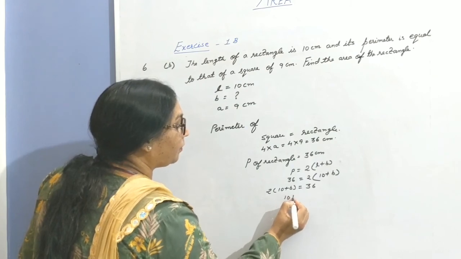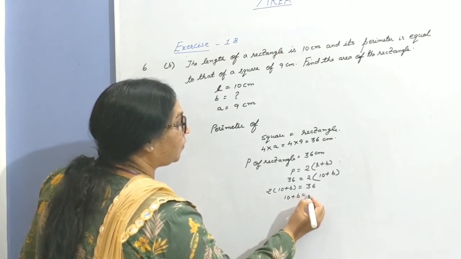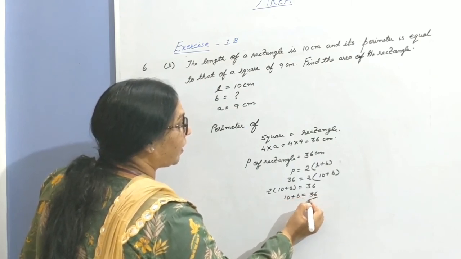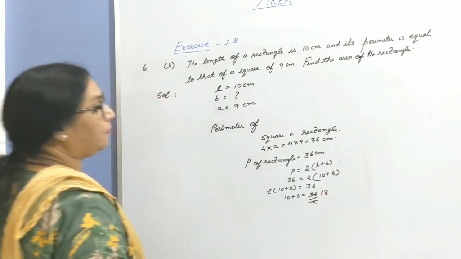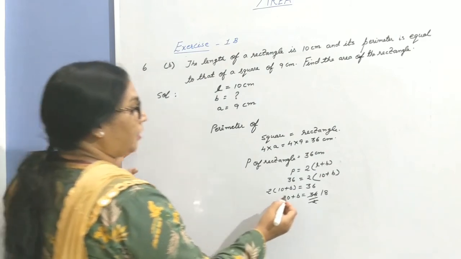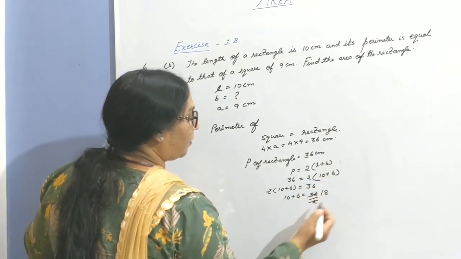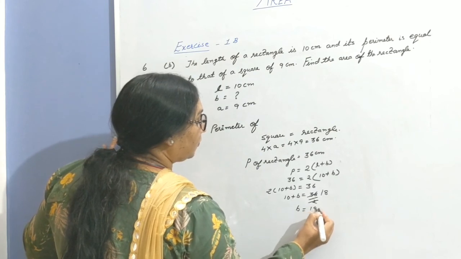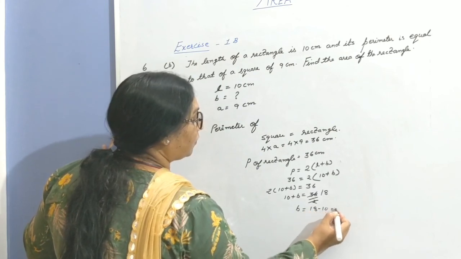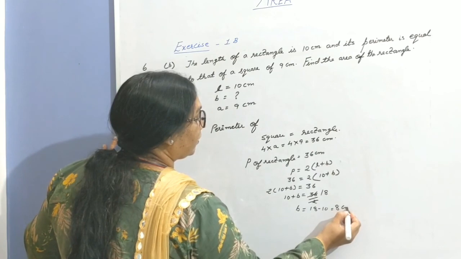So 10 plus breadth equals to 36 divided by 2, 18. Hence 10 plus b equals to 18. Transpose 10 to the other hand and subtract. So b equals to 18 minus 10 equals to 8 centimeter.